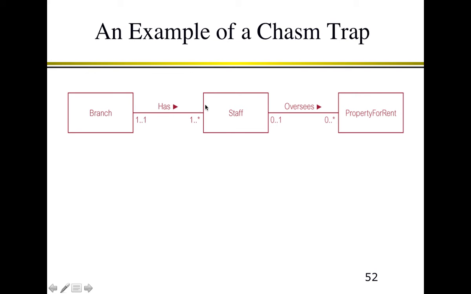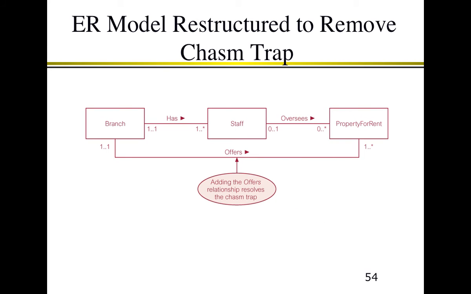So we have properties, and we have a branch, and we have staff. We know the staff are working at the branches, but we don't know which branch the property for rent is listed at. And we get back there by making a connection between this one and this one. So we connect this one to this one, and then lo and behold, now we know.